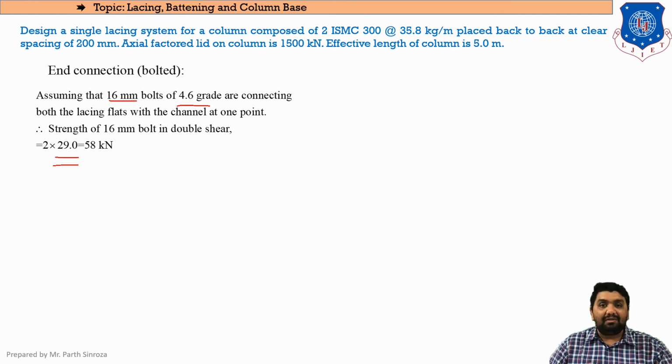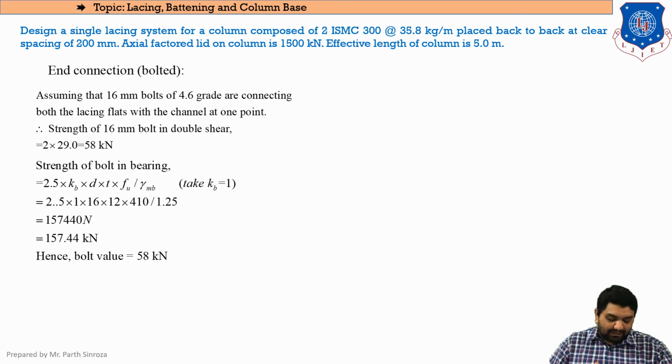As we are dealing with two ISMC channels, that will be double shear here. So the final value of our shear capacity will be 58 kilonewton. The bearing capacity can be obtained from the same equation that we used earlier, 2.5 kb d t fu upon gamma mb. Here there is no need to find the value of kb. We will directly assume kb to be 1, and the answer comes out to be 157.44. Out of these two cases, the smaller value is our bolt value. So bolt value here comes out to be 58 kilonewton.